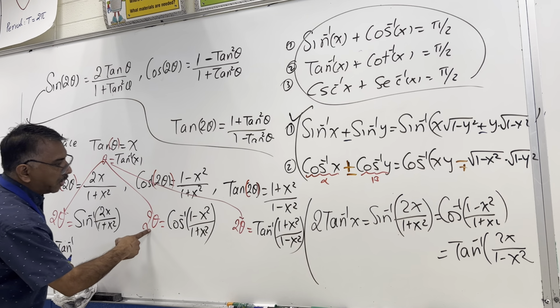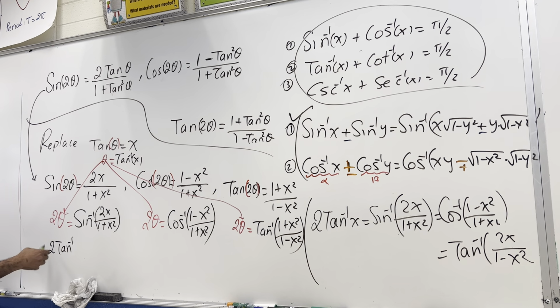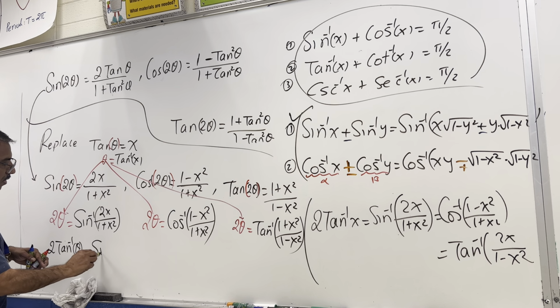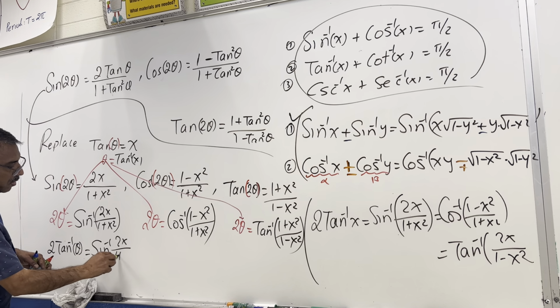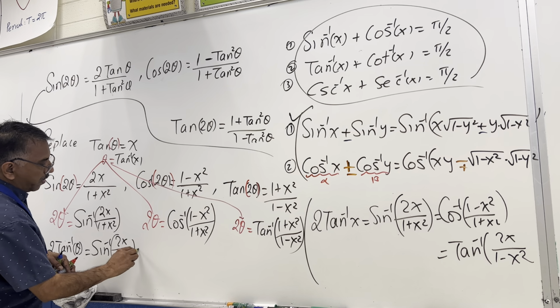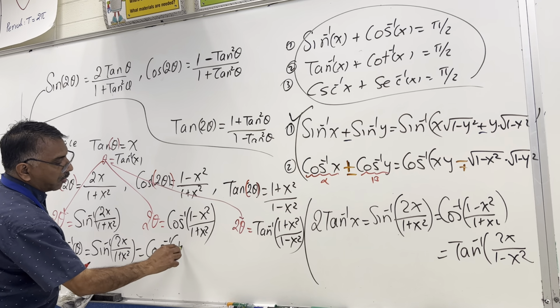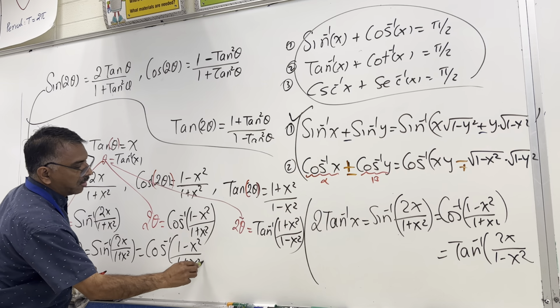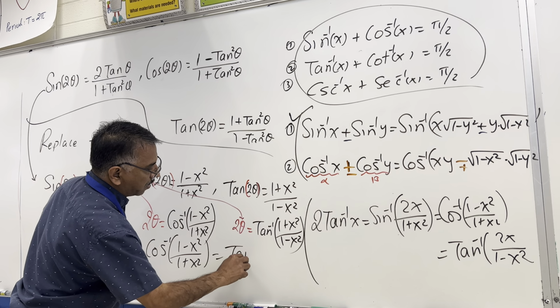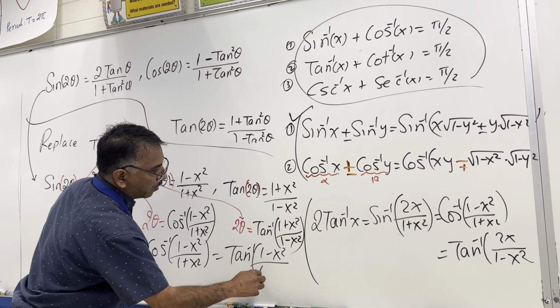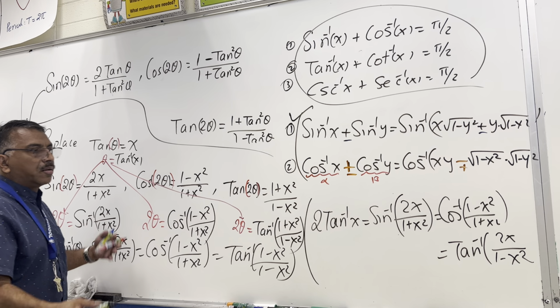Now all these are 2 theta, so I write it only once, which is 2 tan inverse of x. And then you write this one sine inverse of 2x over 1 plus x squared. The same thing is cosine inverse of 1 minus x squared over 1 plus x squared, which is the same as tan inverse of 2x over 1 minus x squared. And there you go, they're done.